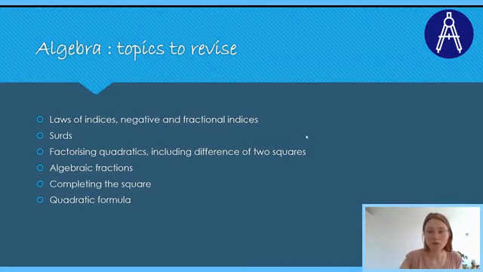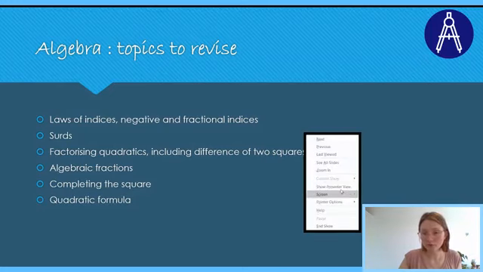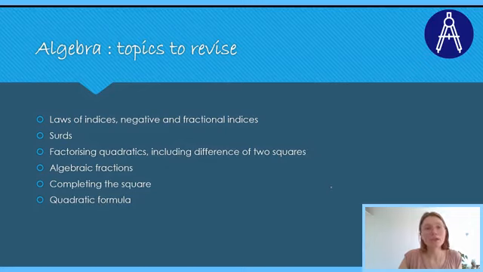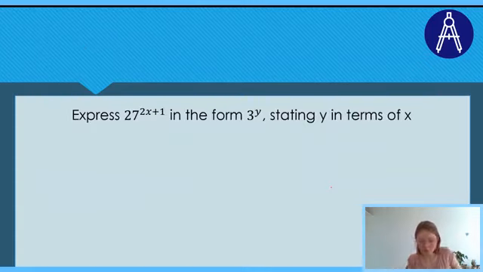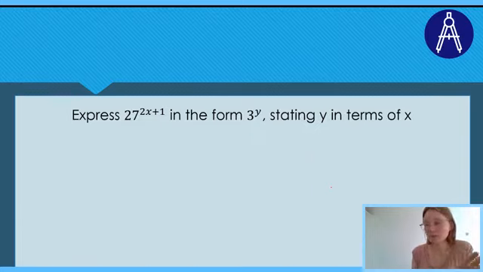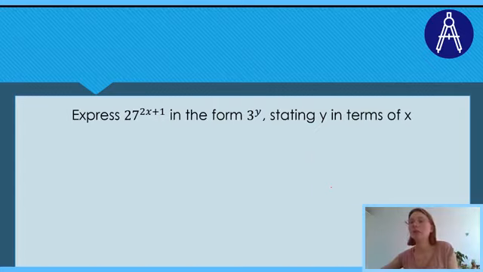Okay, so what I would like us to have a look at now is to actually answer some questions. If you want to do it with me or completely on your own, that's up to you. I've picked all these questions from a Pearson Edexcel Year 1 pure textbook, which is this one.